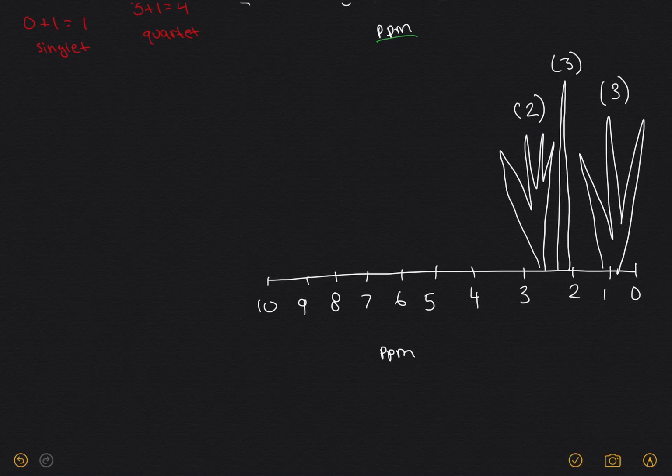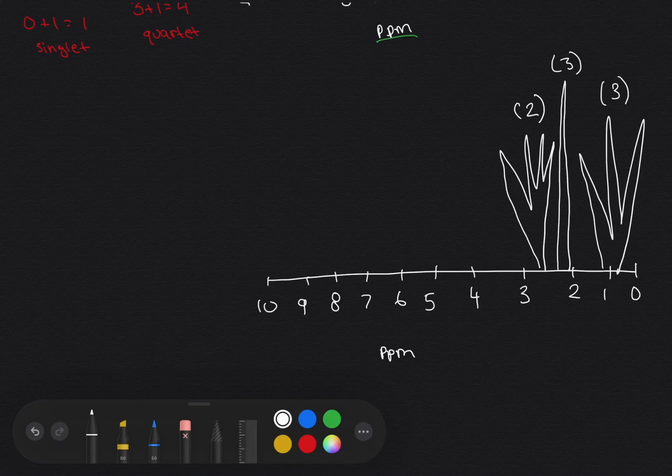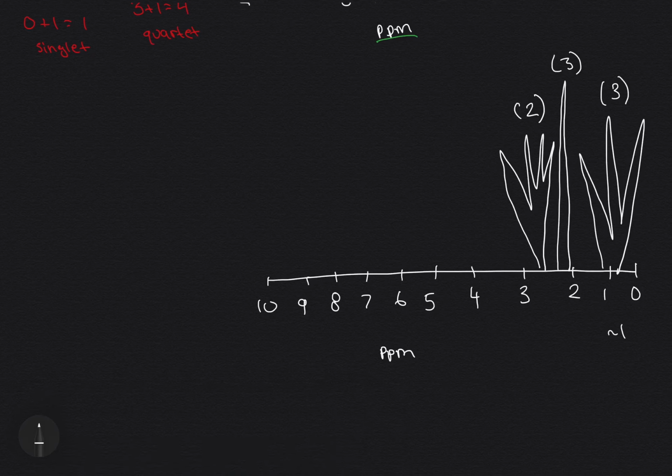Okay, so for this first peak here, what do we know? It's a triplet, and we can see right away it's at approximately 1. Approximately 1 would be the chemical shift, so we know that tends to be a CH3 group. It has an integration number of 3, so it's probably going to be a CH3 group. And then the splitting pattern was a triplet.